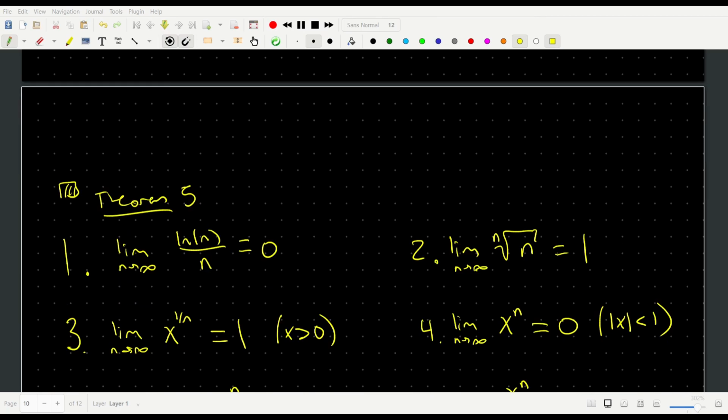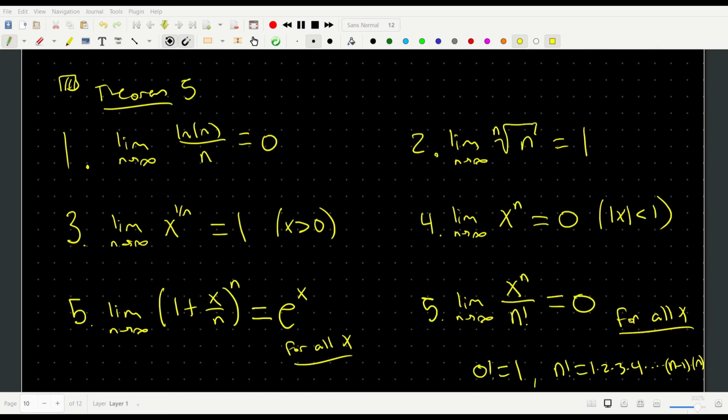The limit as n goes to infinity of x to the 1 over n is 1 for any positive x. The limit as n goes to infinity of x to the n equals 0 if the absolute value of x is less than 1. The limit as n goes to infinity of (1 + x/n) to the n is equal to e to the x for any value of x.